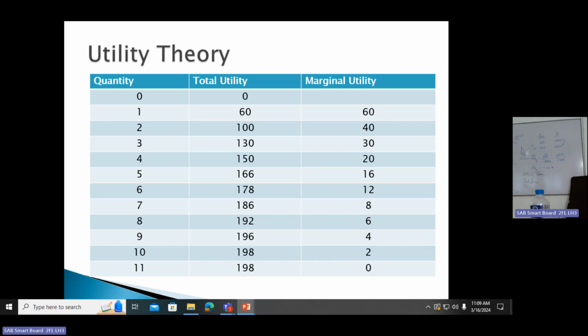The third unit is also above the price. When you come to the fourth unit, the marginal utility is 20 and the unit price is also 20. Marginal utility equals price at this point, so this is the equilibrium point.